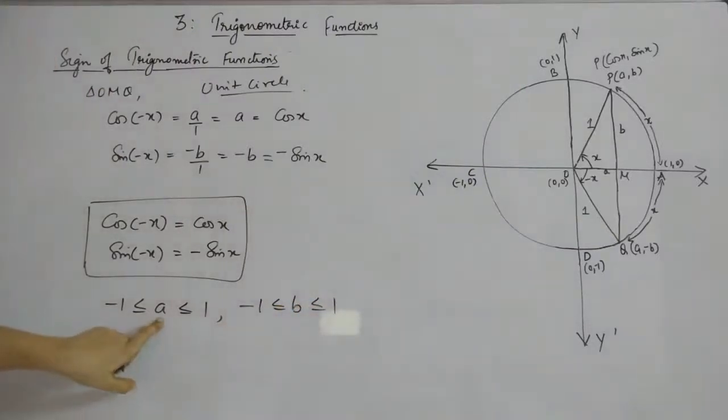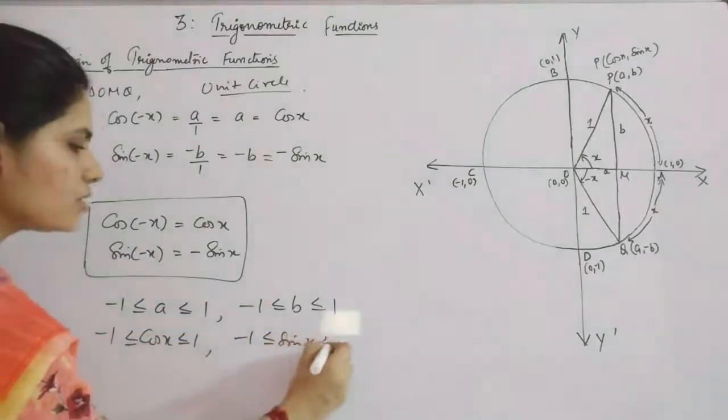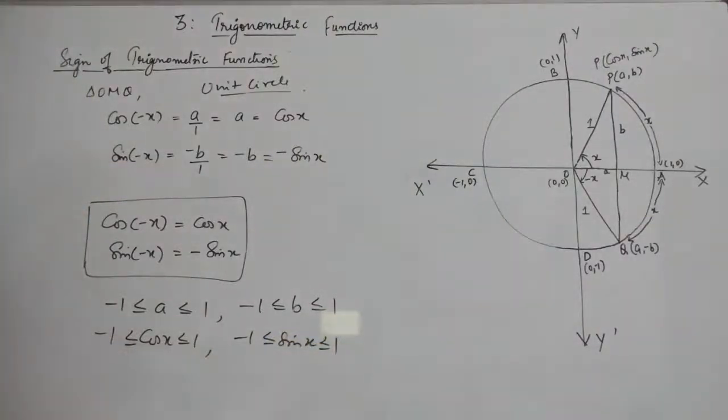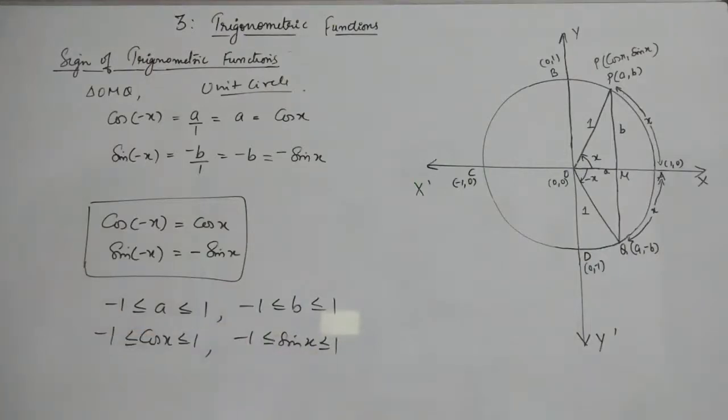Now what is a taken as? a is cos x and b is sin x. So you get minus 1 less than or equal to cos x less than or equal to 1, and minus 1 less than or equal to sin x less than or equal to 1. That means the value of cos ranges between minus 1 and 1, and the value of sin also ranges between minus 1 and 1. Understood?